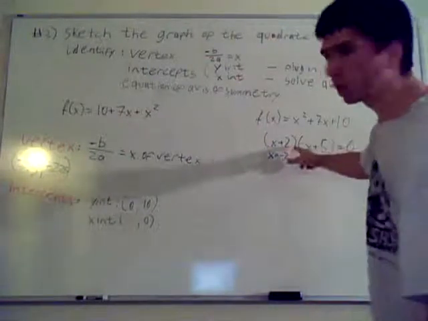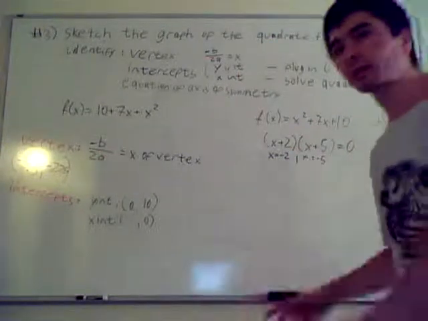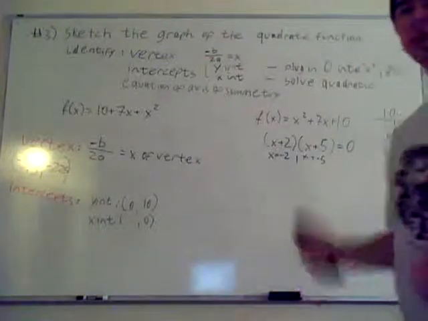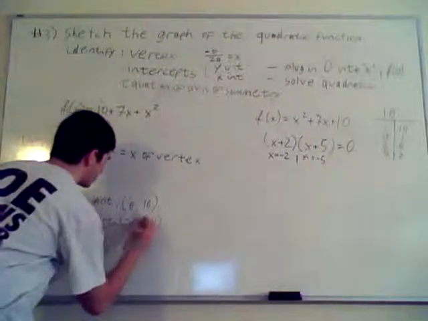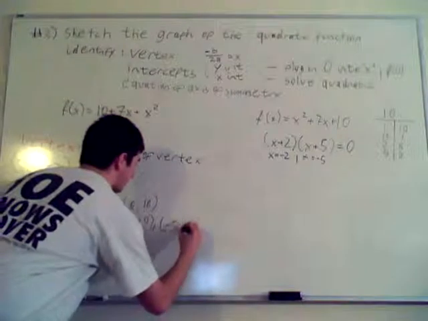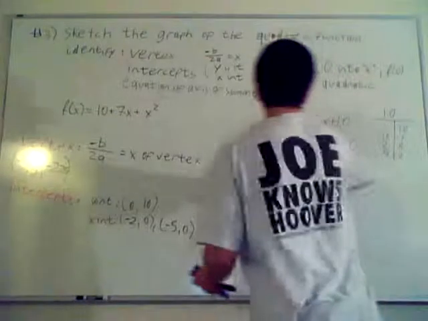If you see x plus 2, x equals negative 2, the negative of what you have inside. If you have x plus 5, x is going to equal negative 5. Alright? So over here you can now write negative 2, and then you have another one, negative 5, and 0. Alright? I'm going to erase this part.